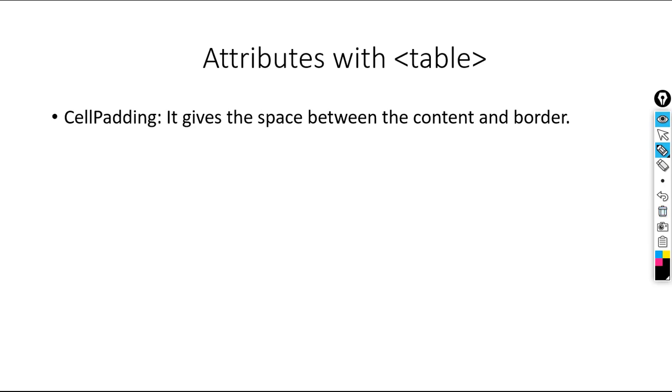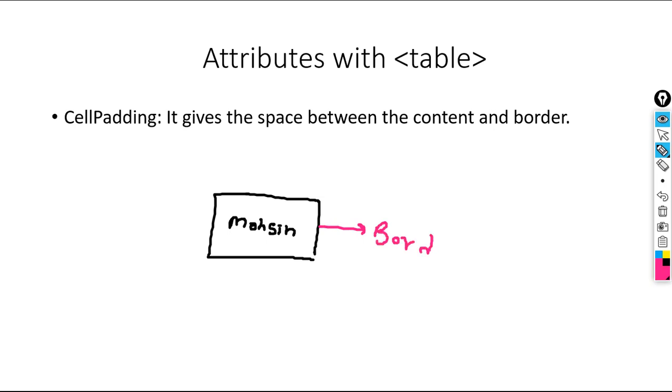Now what is cellpadding? Suppose this is one cell and here I have written some value, Mohsin. So this is the border and this is the content of the cell. Correct.